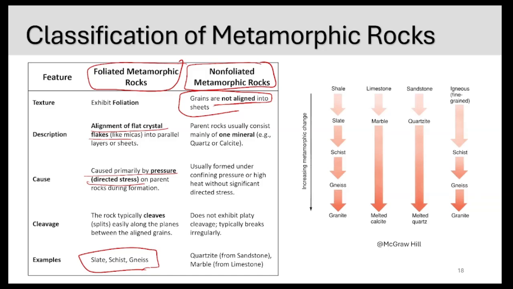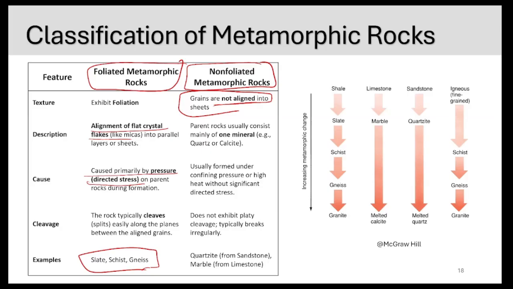They are not oriented in the same direction. This is usually caused by confining pressure, meaning the pressure on these minerals is equally distributed in all directions, not just in one direction.